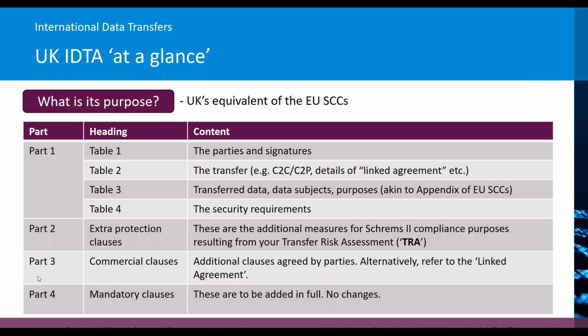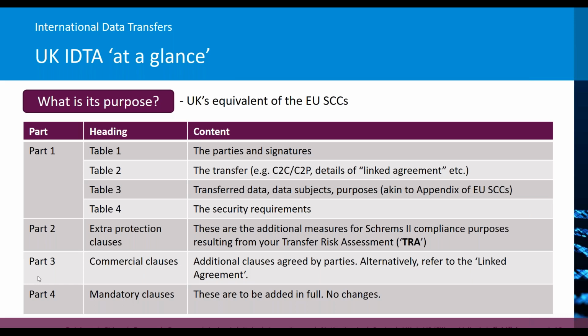You might include details of your linked agreement, so an agreement that the data transfer is being made under. You'll have to specify what data is being transferred, the data subjects, the purposes of the transfer, etc. So all relatively familiar stuff, and that is common across both the UK IDTA and the EU SCCs, although it's presented slightly differently and there are some additional questions in the UK IDTA.